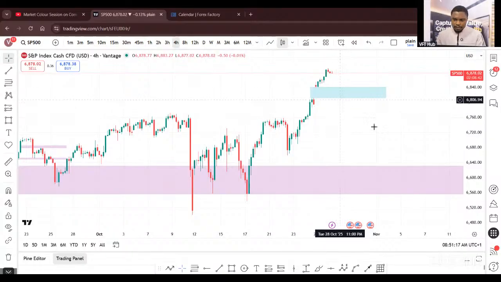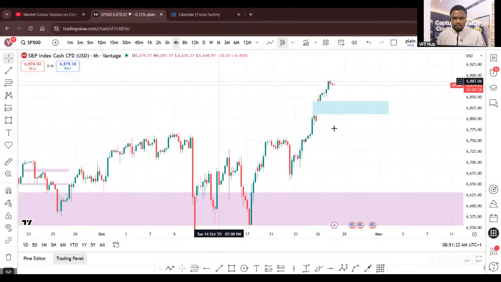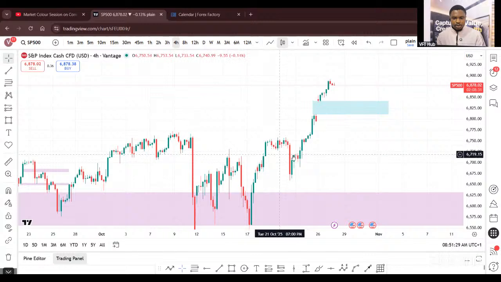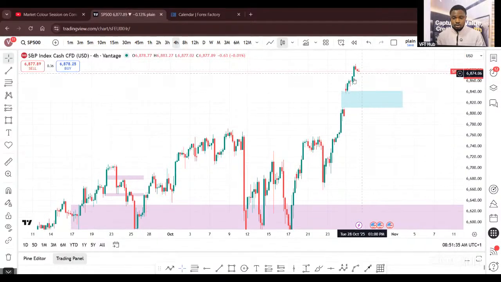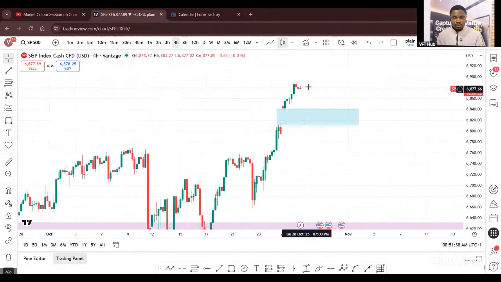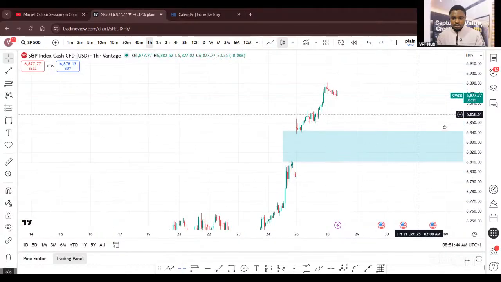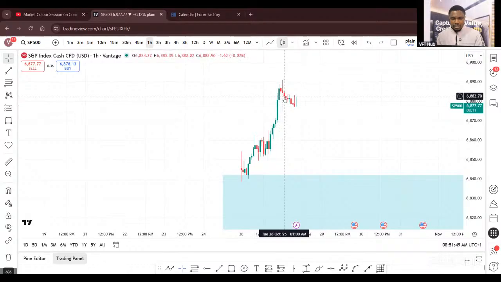All right. So that being said, looking at this market, I'll be looking for sells to come and fill up this zone. Just minor sells, because we've seen a lot of push to the upside, and then there's beginning to be a form of exhaustion. If you look at the candlestick on the 4-hour time frame, a form of exhaustion. By the time we go to the 1-hour time frame, although this exhaustion is not very strong, look at the sell candles.